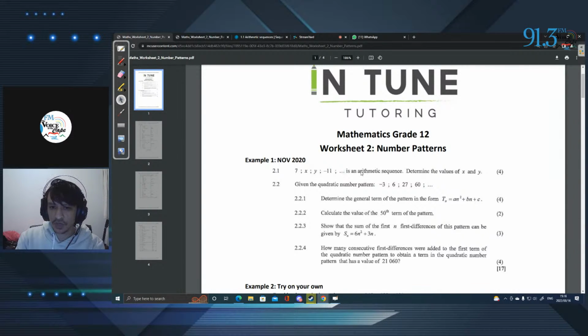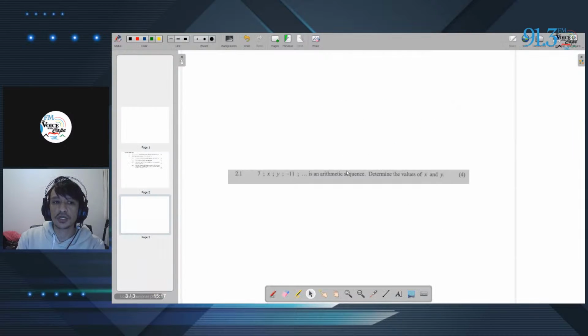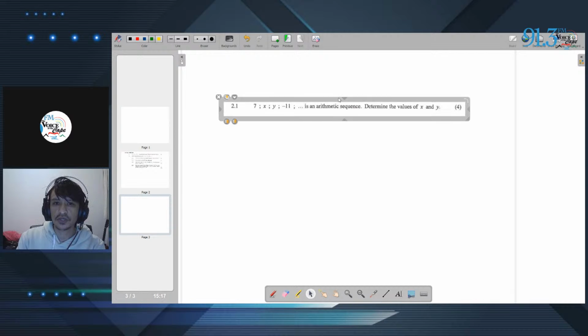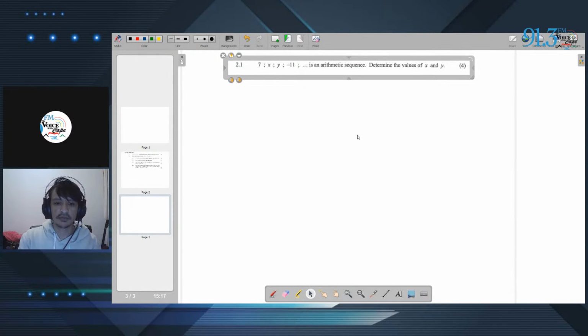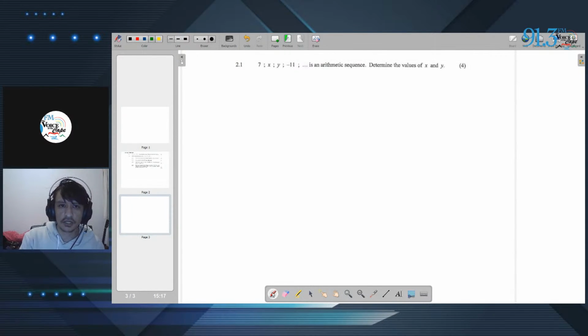So the important thing to identify is that they're telling us that this is an arithmetic sequence. So therefore, we should only be having a single difference, right? Let me rewrite this as 7, x, y, and negative 11.